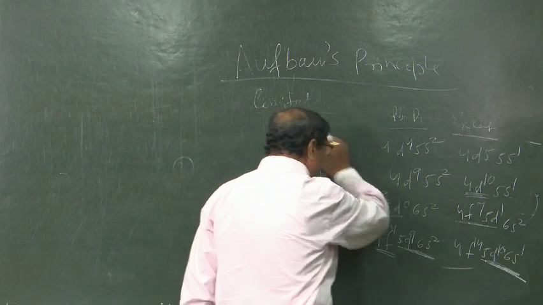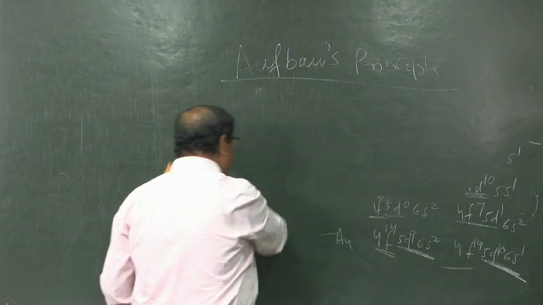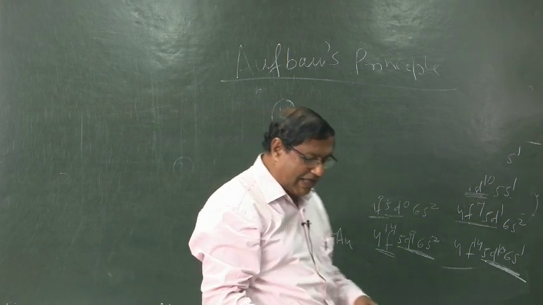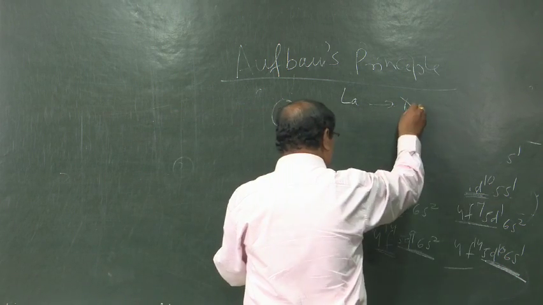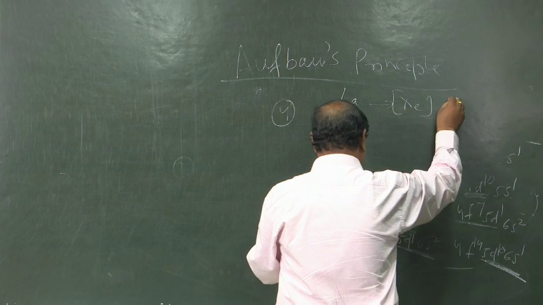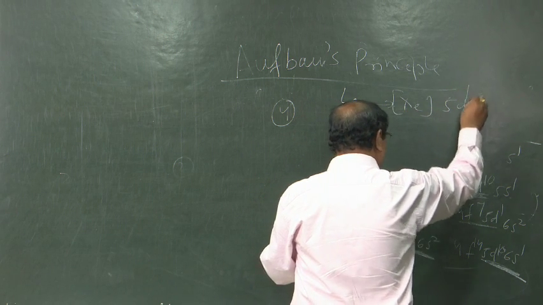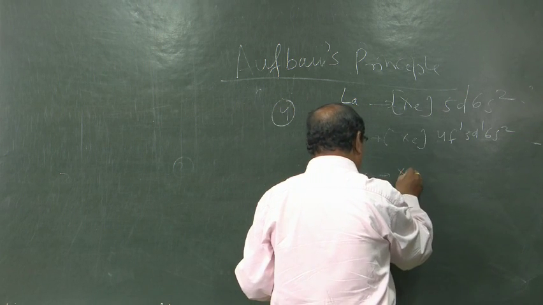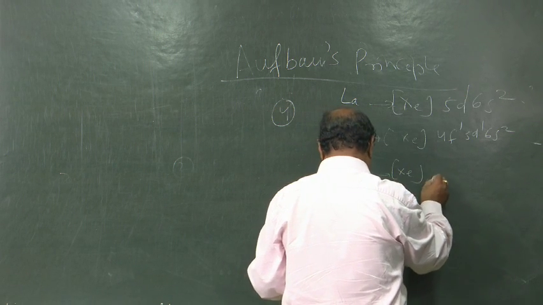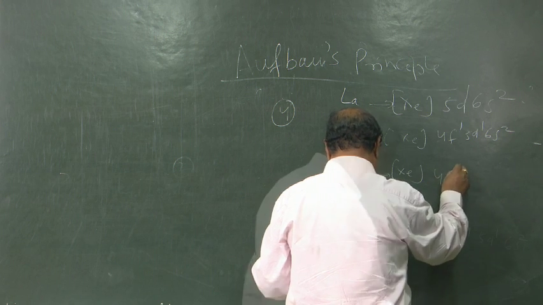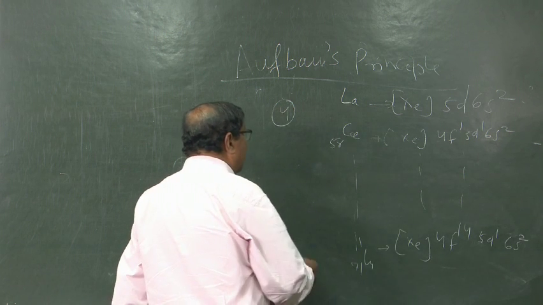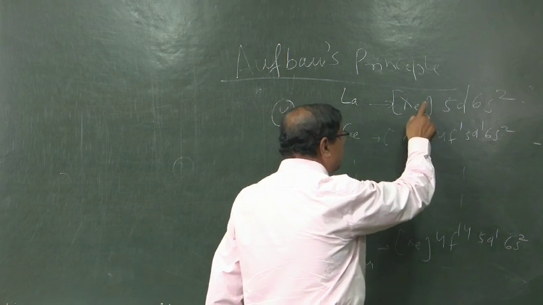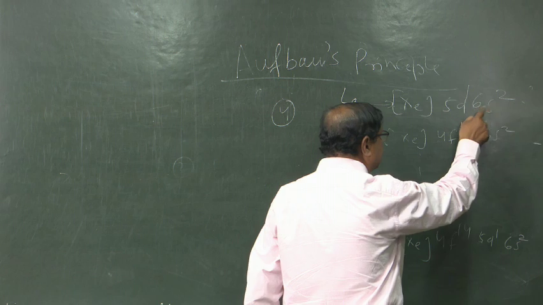Another exception is the actinides and the lanthanides. In the case of lanthanides, lanthanum is 57. The outer configuration is xenon core, 5d1 6s2.